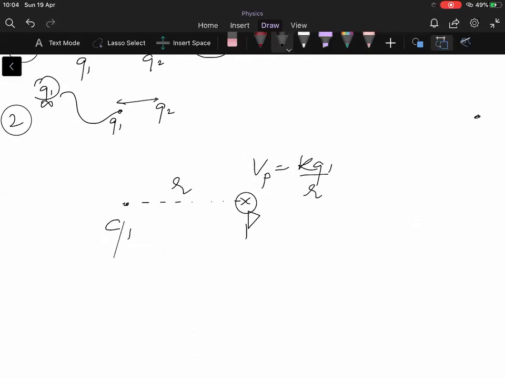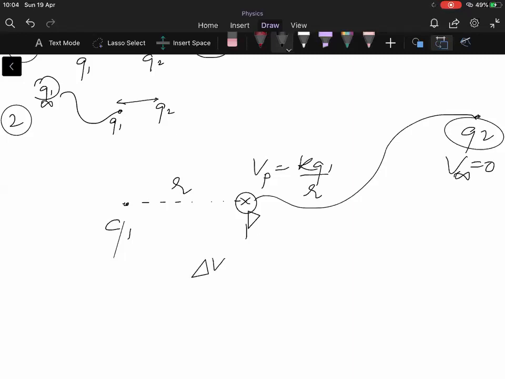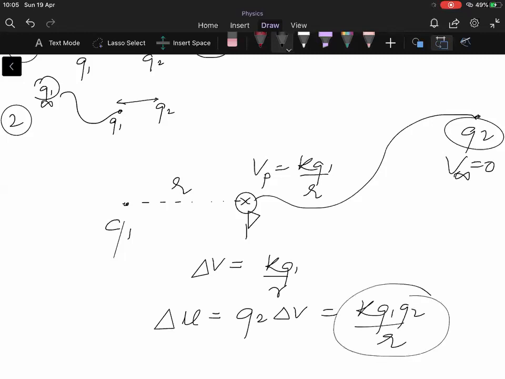You bring a charge q2 from infinity, the potential at infinity is zero. So when you bring in this charge from infinity to this point at p, then the potential difference will be given by k q1 by r. And if you multiply this potential difference with the charge that has been moved, q2 times delta v, you will get k q1 q2 by r. So this is one way.